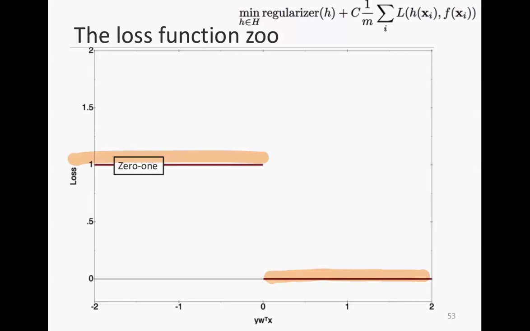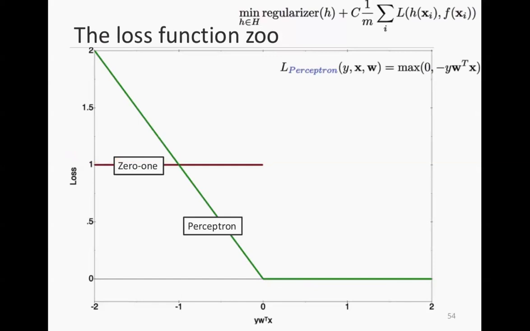So we have surrogates. One of the first surrogates we saw, though we did not actually see it in this form, was the perceptron. The perceptron loss is 0 when y w transpose x is positive, and it increases as y w transpose x gets more and more negative, which means there is a notion of a worse mistake.